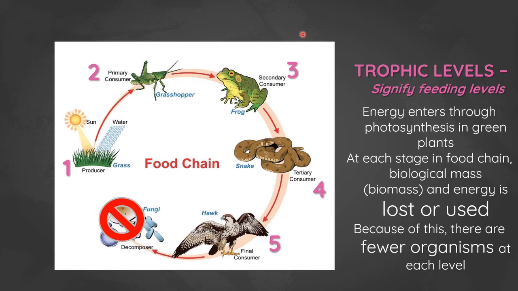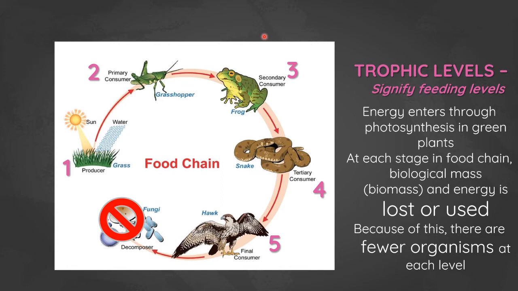These are green plants. They make their own food through photosynthesis. For example, algae, as we said, green plants, and some bacteria actually. The energy is stored in their organic food molecules and is passed on through food chains.